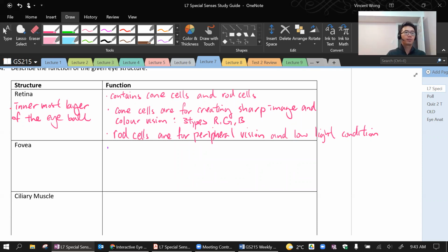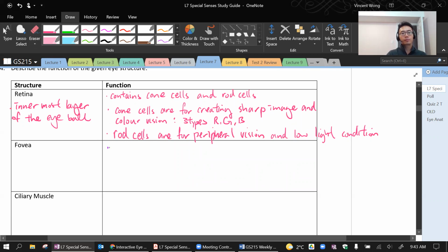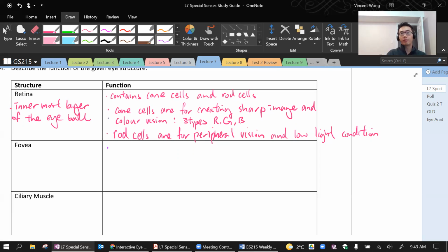Would the cone cells be damaged? Well, for that part that's detached, they wouldn't be functioning, so you will lose part of the vision for that location.